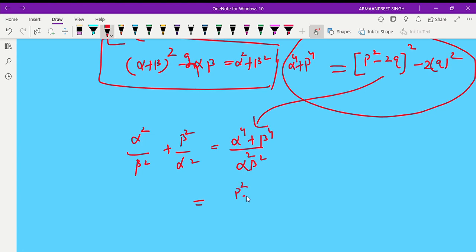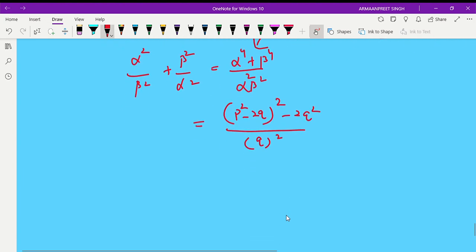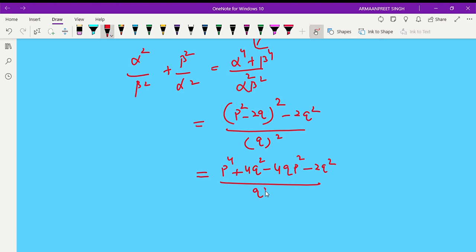So it is p square minus 2q whole square, minus 2q square, divided by alpha beta is q, and q square is there. Now open this: a minus b whole square means a square plus b square, so p raised to the power 4 plus 4q square minus 2 times a b, which means 4q p square, and minus 2q square, divided by q square.